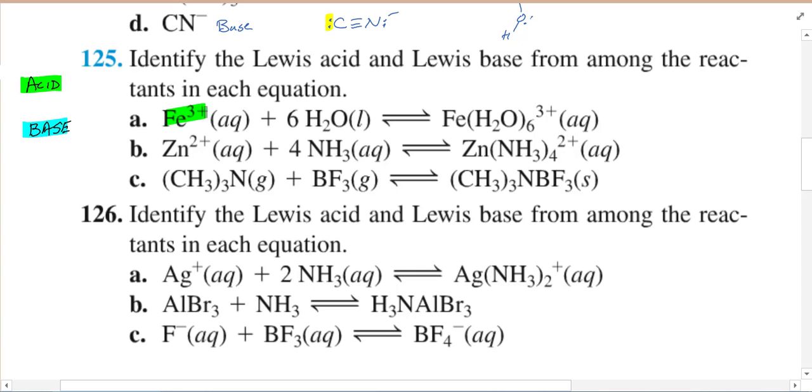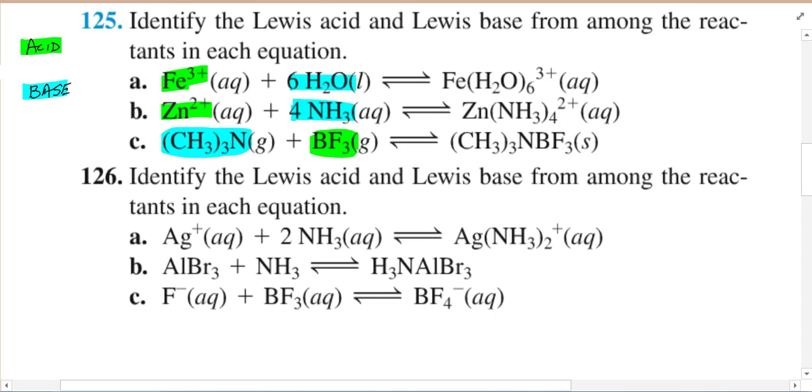Transition metal, positive, acid. And water can be a base. Zinc 2 plus, acid. Water can be, or ammonia is always a base. Nitrogen. I have nitrogen that's not positive. Nitrogen is still a base. That's a base. Which means boron trifluoride, definitely going to be an acid.